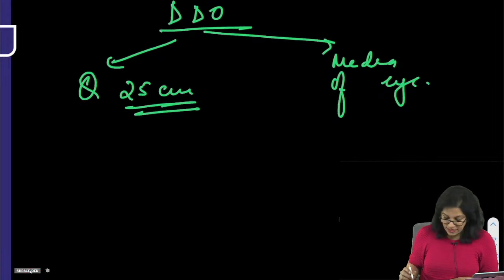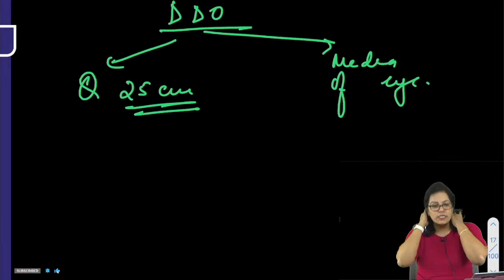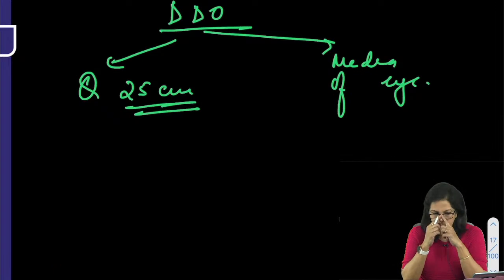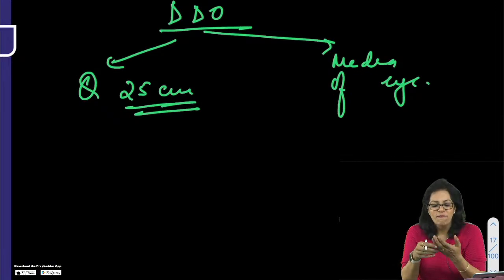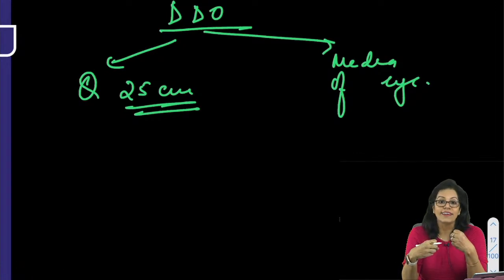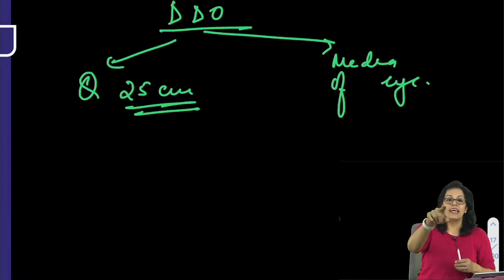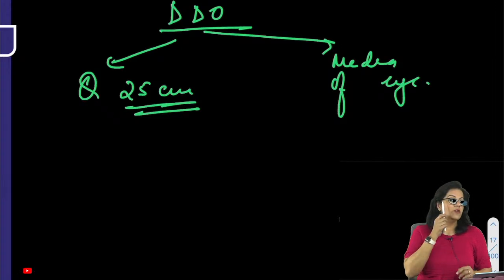Okay, then we talk about the next thing. Very recently in your NEET PG, they asked one question: while you are examining through a direct ophthalmoscope, which eye of the patient, which eye of the examiner, and where do you ask the patient to look? So if you are my patient, I have to see your right eye. I will use my right eye.